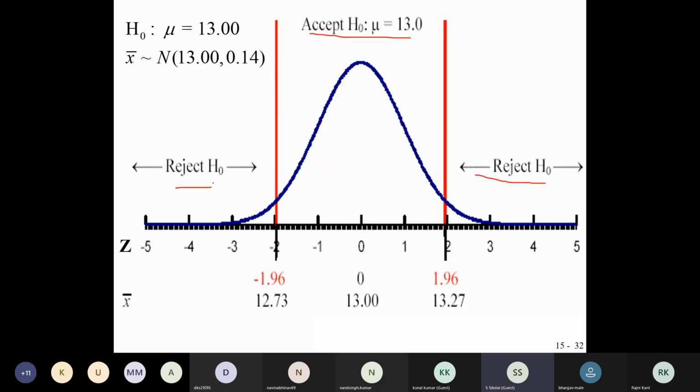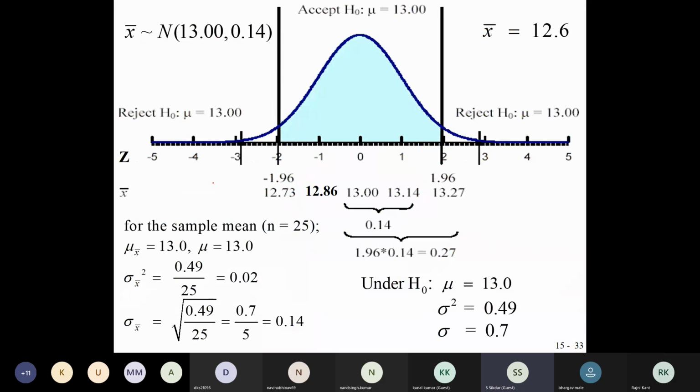Further analysis has been made for this sample mean with n equal to 25, where sigma x is equal to 0.14, and it was shown how it looks if you take other values.